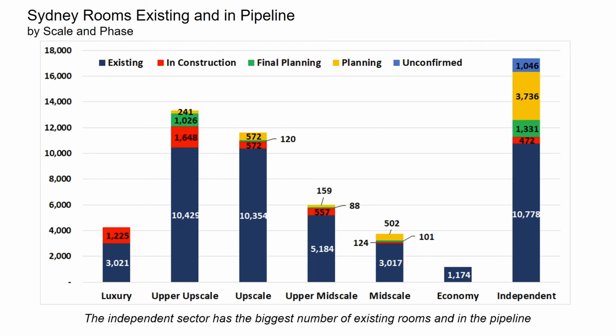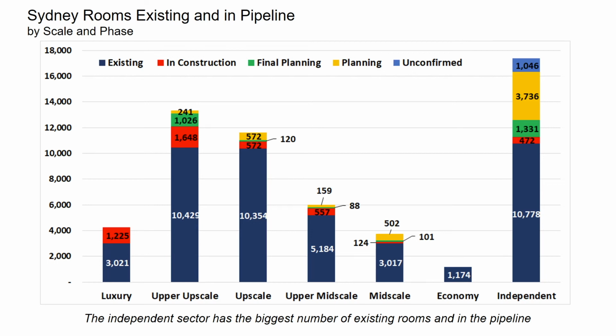This chart here shows the existing rooms and the rooms that are currently in the pipeline. So as you can see, the part of the chart that is dark blue shows the existing rooms, and the colors on top of that show the rooms that are red for in construction, green for final planning, yellow for planning, and blue for unconfirmed.